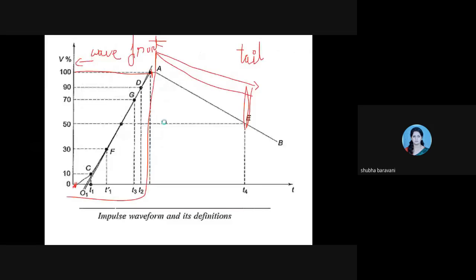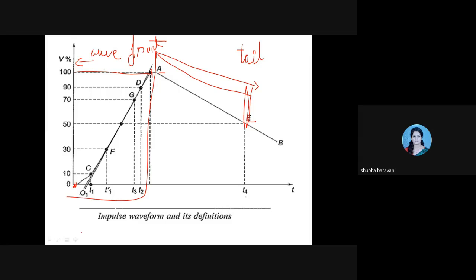However, 50 microseconds is the time for the wave to fall from A to point E. Is that understood? Yes, ma'am.